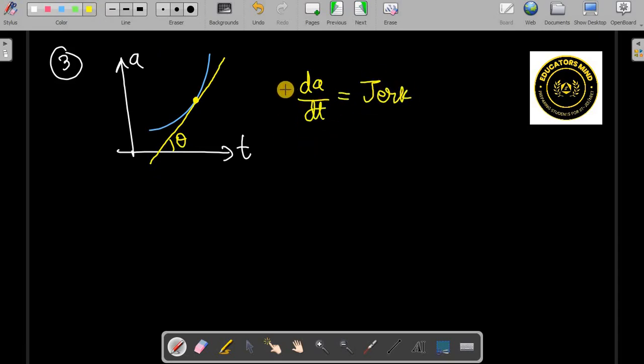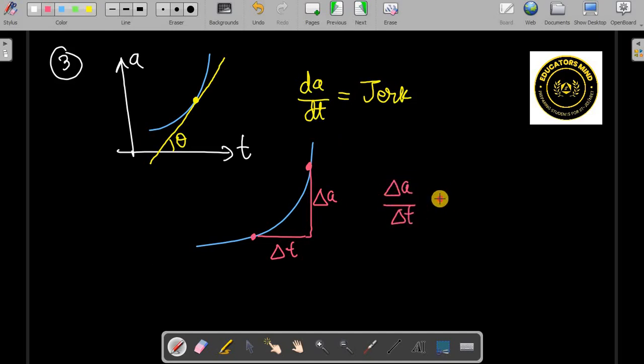Similarly, if you take the average slope, that means you join between 2 points, you will get this as delta A and this is delta t, right? So here delta A by delta t will give average jerk. When you join this, that tan theta will give us average jerk.